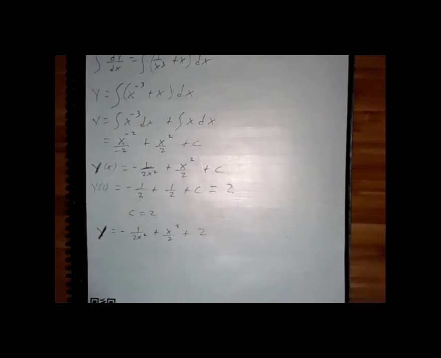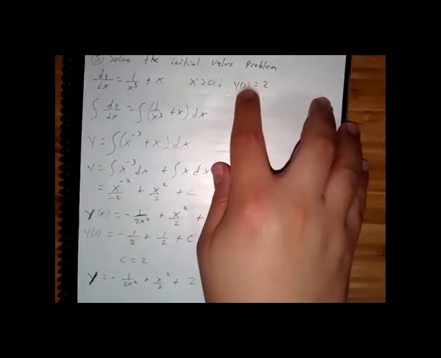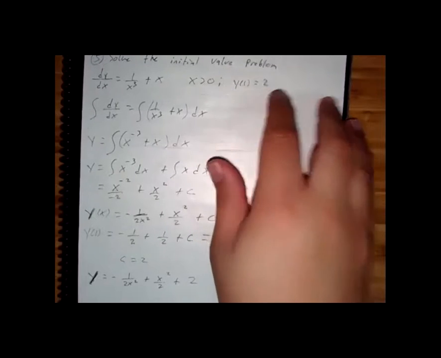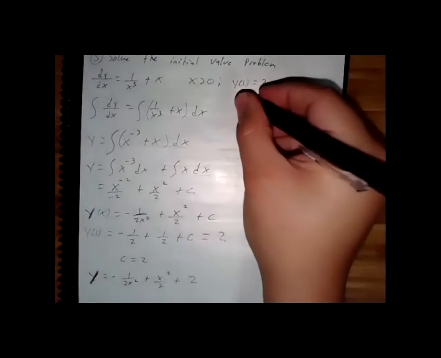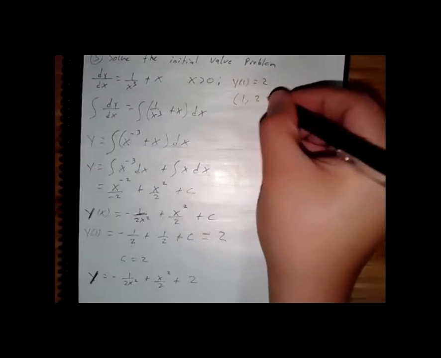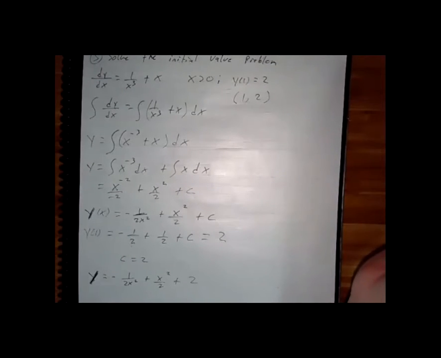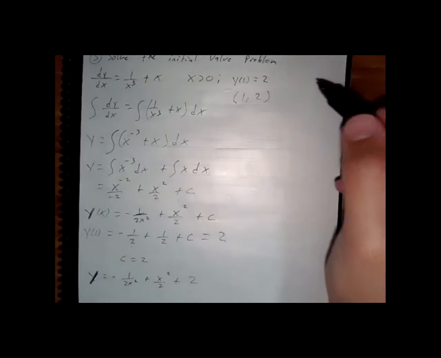Any questions on the notation or the steps? Oh, I got it. Okay. You comfortable with this right here? Yes. You guys notice it's the same as this, right? The point (1, 2). Okay, when x is 1, y is 2.